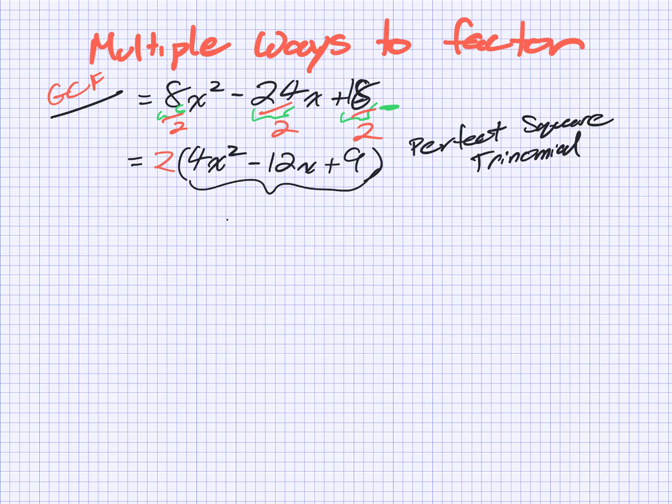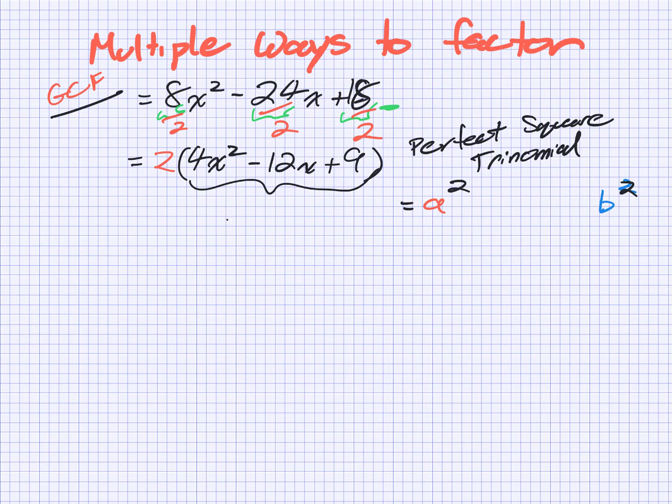What's special about a perfect square trinomial is it runs into a scenario like this, where you have a squared. The first term is some value that can be square rooted. The last term is also some value that can be square rooted.